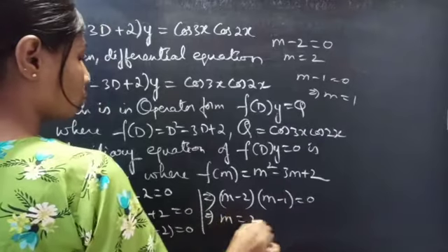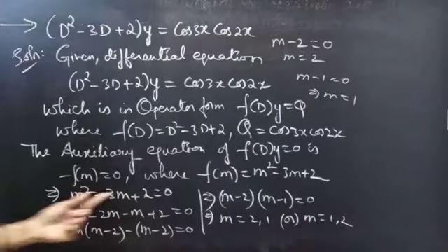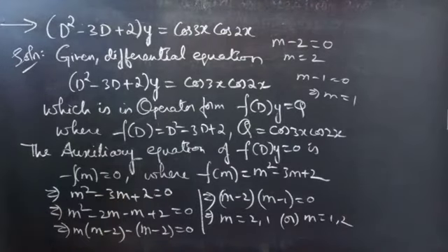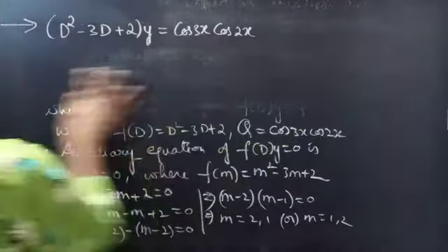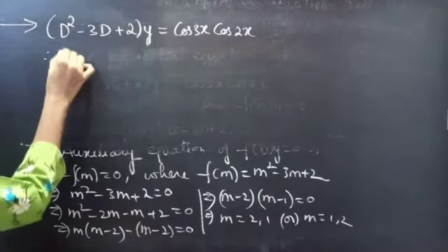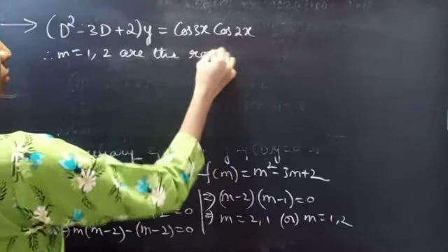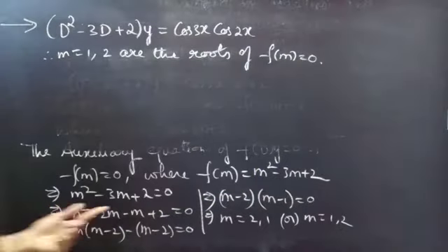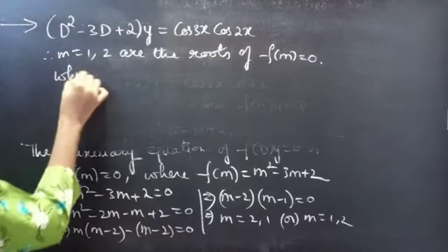So m = 2, 1, or m = 1, 2 are the roots of our auxiliary equation. Therefore, m = 1, 2 are the roots of f(m) = 0, our auxiliary equation, which are real and distinct.